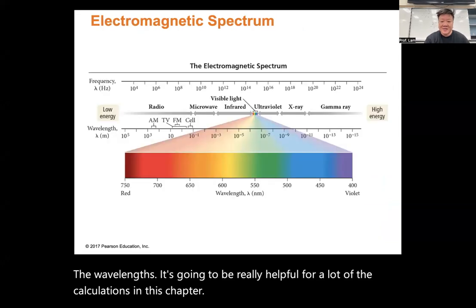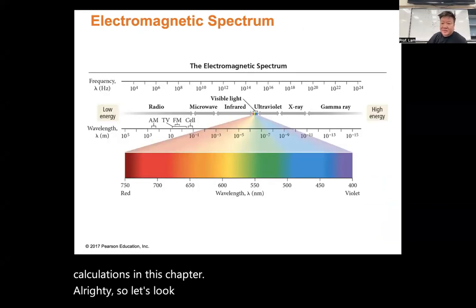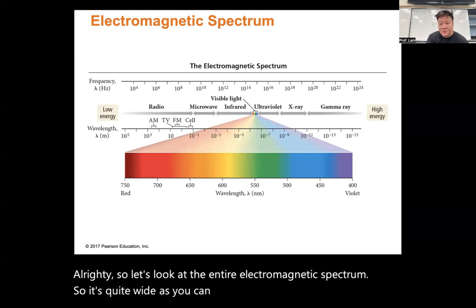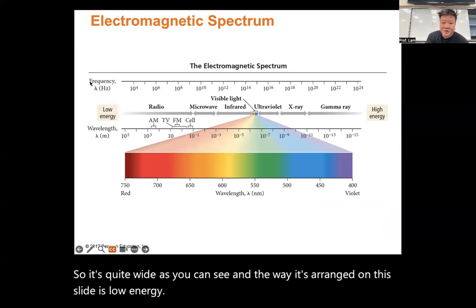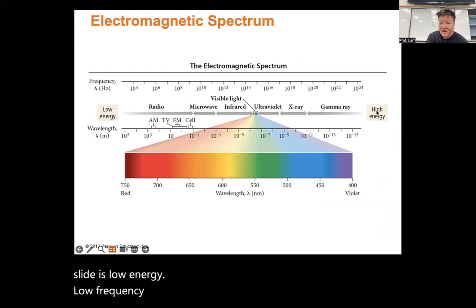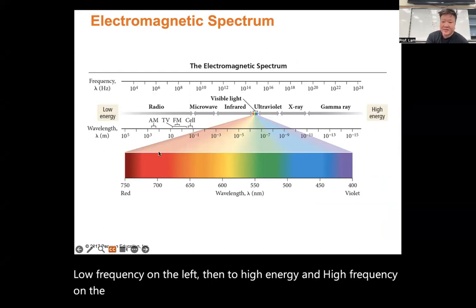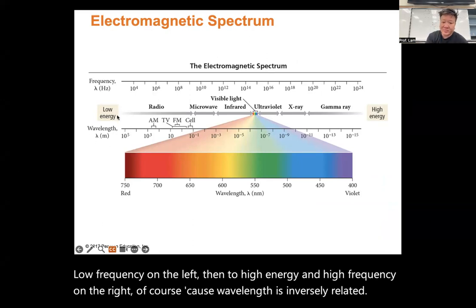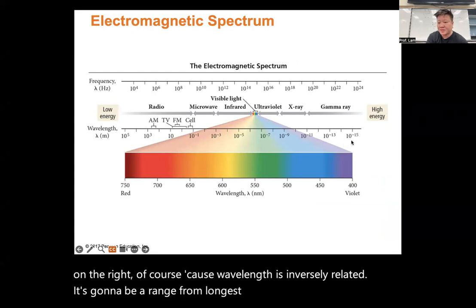Alrighty, so let's look at the entire electromagnetic spectrum. It's quite wide, as you can see, and the way it's arranged on this slide is low energy, low frequency on the left, then to high energy and high frequency on the right. Of course, because wavelength is inversely related, it's arranged from longest wavelength to shortest wavelength.